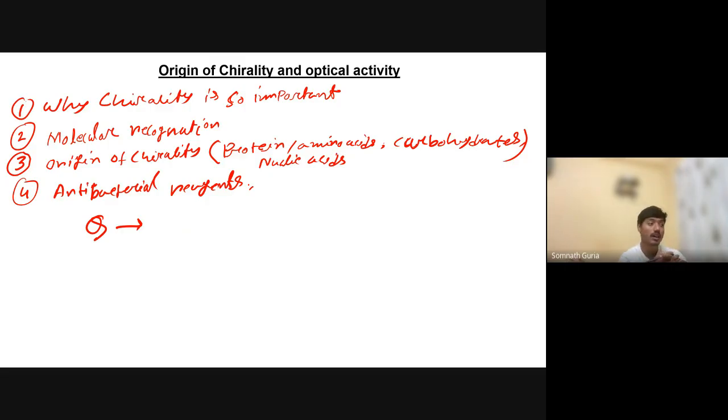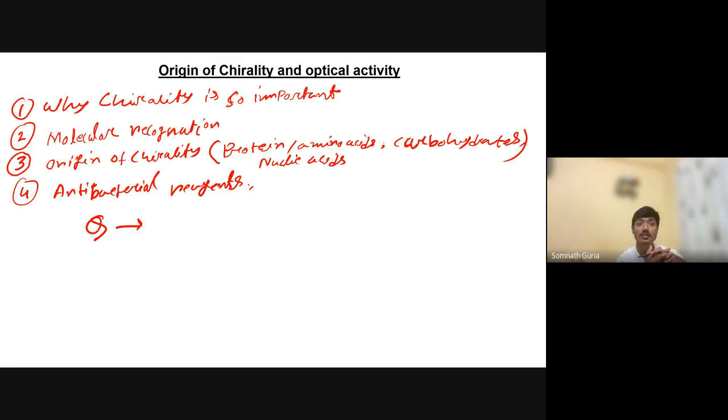Let's suppose we have an L amino acid, and we also have the D amino acid. If the mixture is 50-50% L and D, that becomes a racemic mixture.